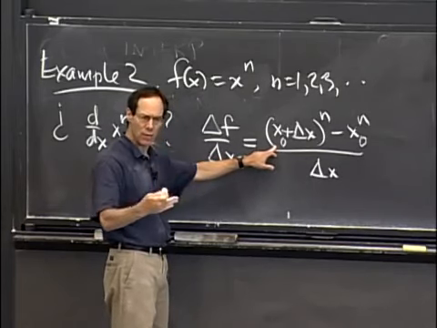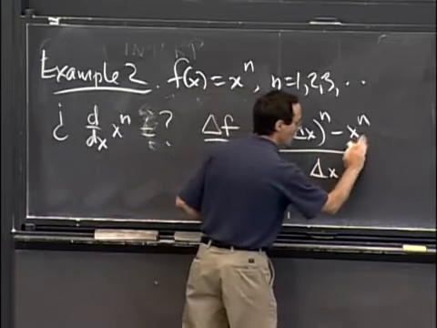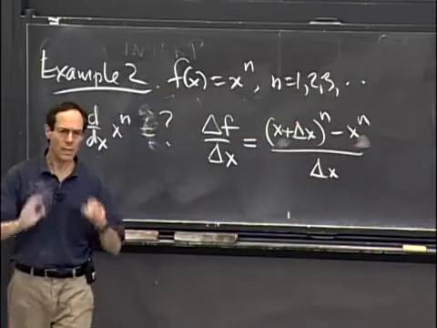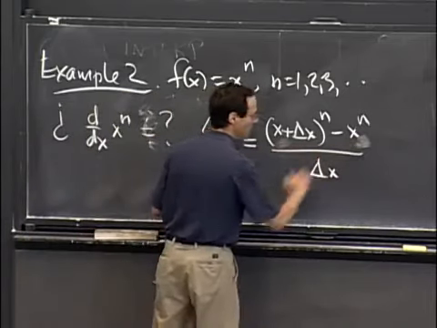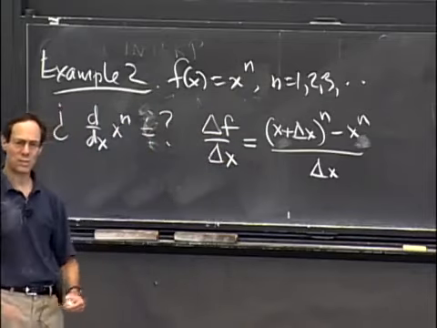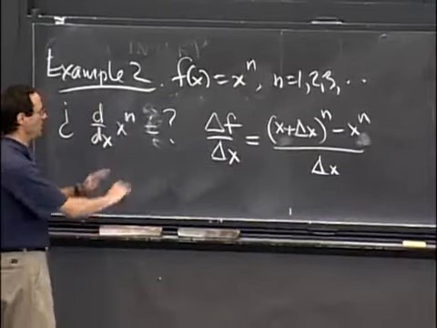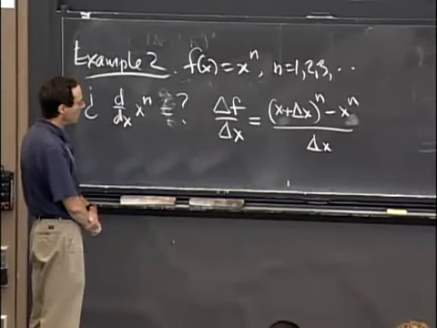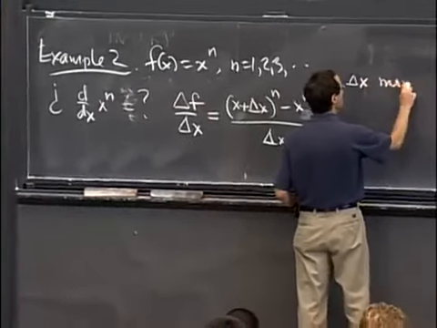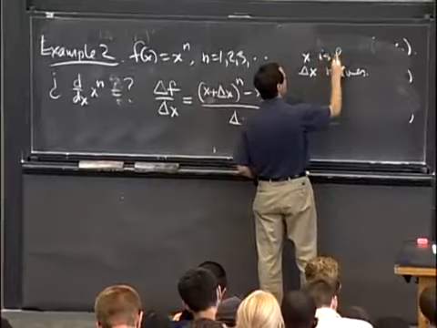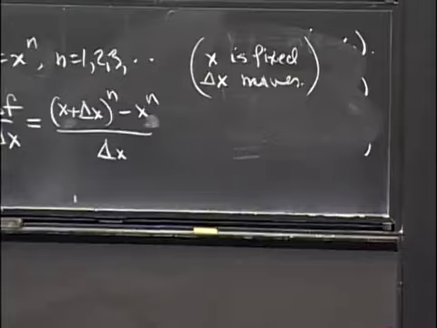I don't have an x floating around which means something different from the x0. And I just don't want to have to keep on writing all those symbols. It's a waste of blackboard energy. I've already filled up so many blackboards, and I'm trying to conserve chalk. Okay, anyway, no zeros. So think of x as fixed. Again, in this case, delta x moves and x is fixed in this calculation.